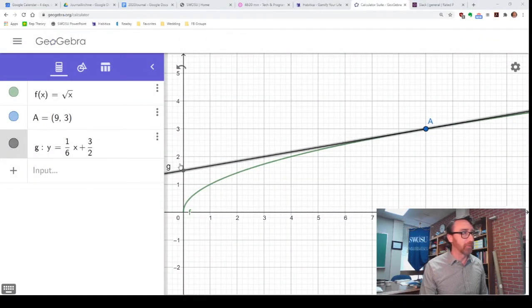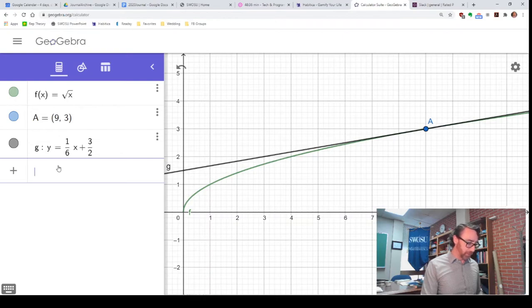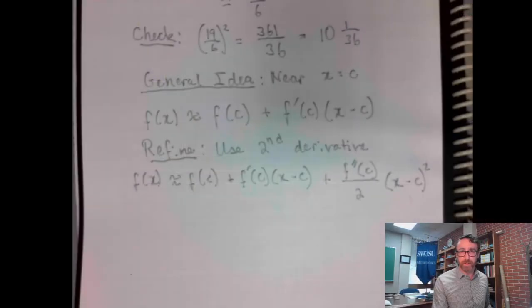Okay, so we have our tangent line approximation, and if I do some computations here, let me do y equals, and I'm going to go back to writing it like we were over here.